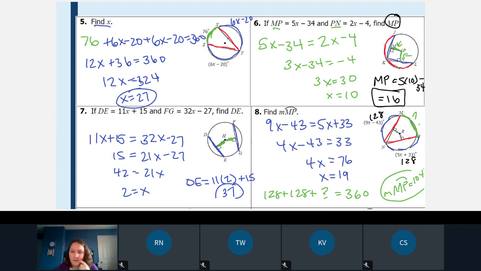Okay. So arcs have measures, arcs have lengths. 360 is a measure that's in degrees, 360 degrees. That's the measure of a circle. The length of a circle is if you were to unwrap that circle and make it straight and measure it. We call that the circumference.